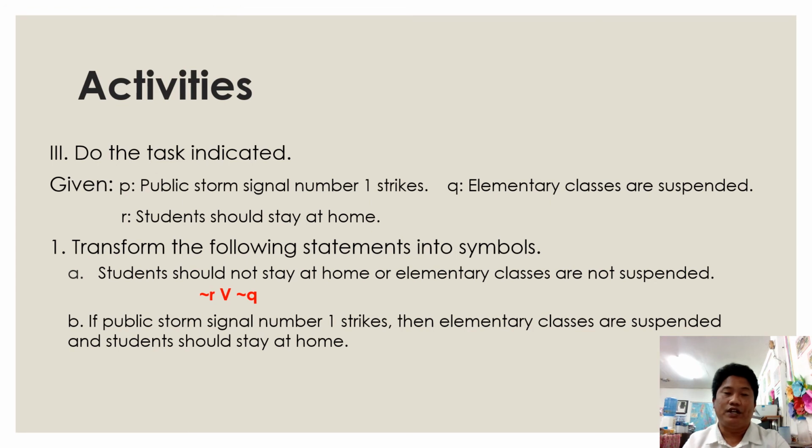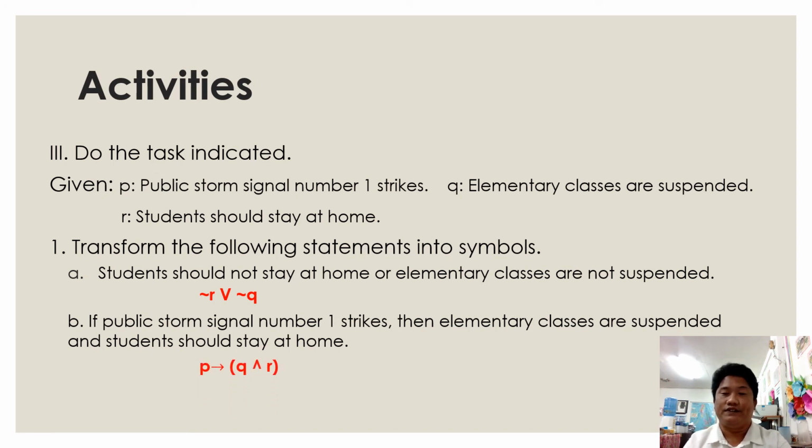The first, public storm signal number 1 strikes, is proposition P. Then elementary classes are suspended, that's proposition Q, and that's the use of conjunction and. Students should stay at home, that's proposition R. So our symbol will be: if P, then Q conjunction R.